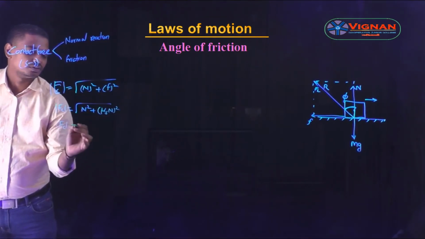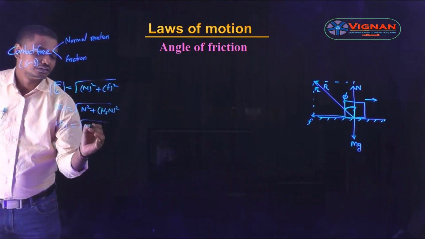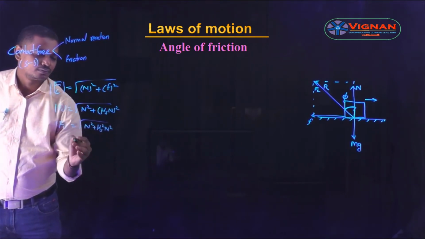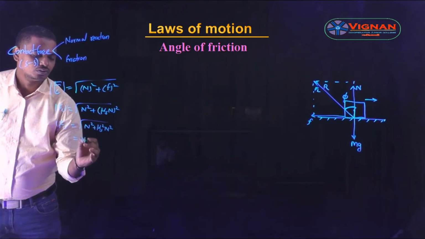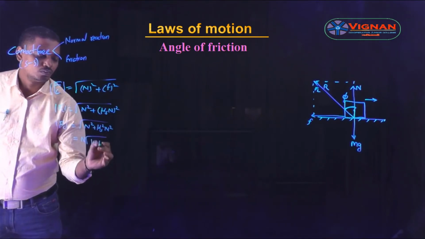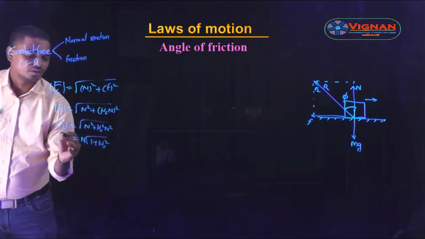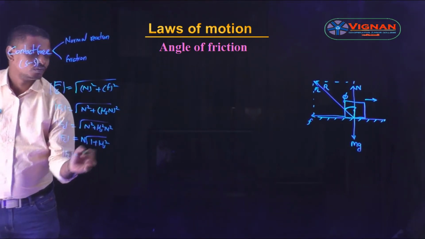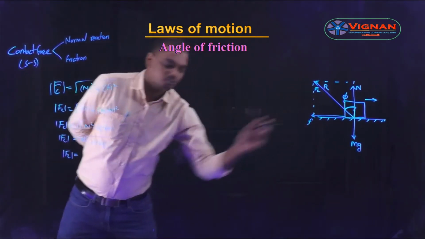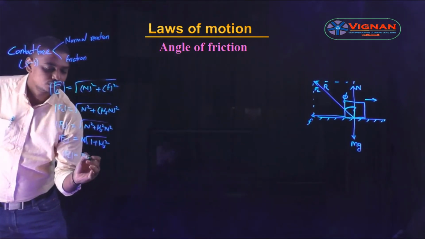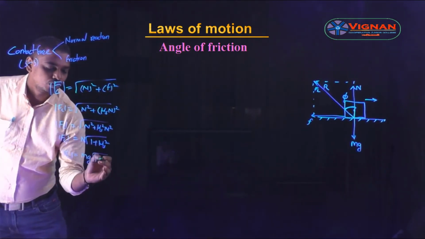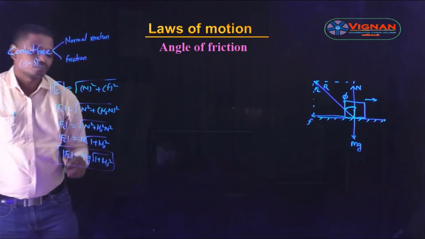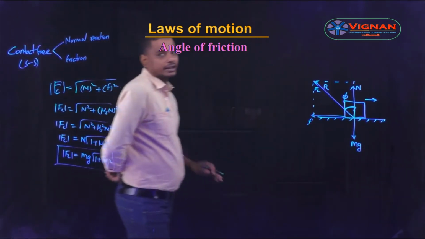So mod Fc is equal to root over N square plus mu s square N square, that is N into root over 1 plus mu s square. From this diagram we know that N is equal to mg, so mod Fc is equal to mg into root over 1 plus mu s square, which is the net contact force.